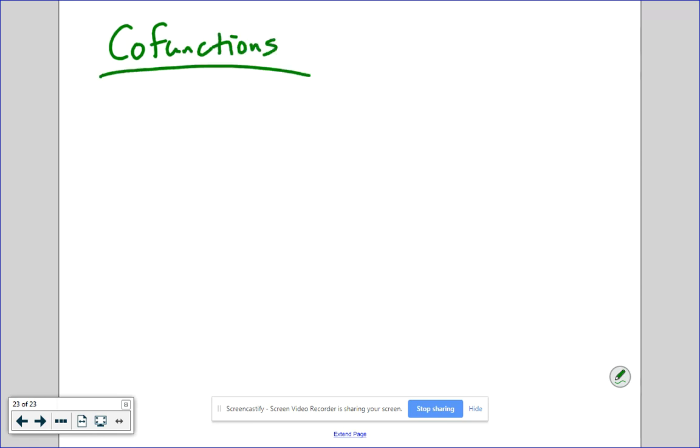Very quickly, it's literally like I just give you some formulas. What a cofunction means is they are two functions that are 90 degrees apart. So, for instance, sine of 30 is equal to cosine of 60.